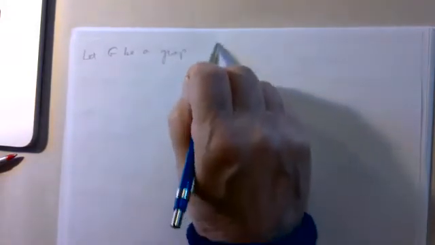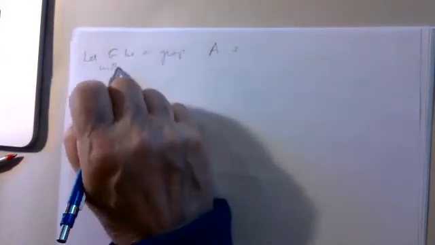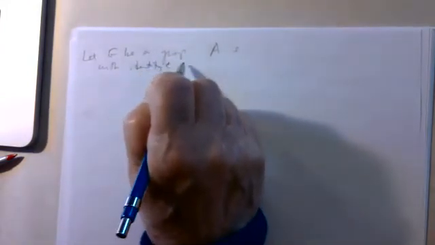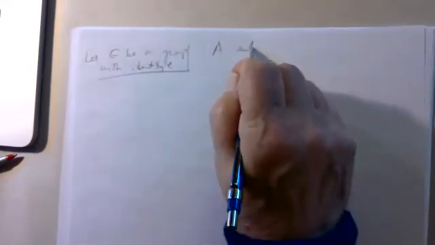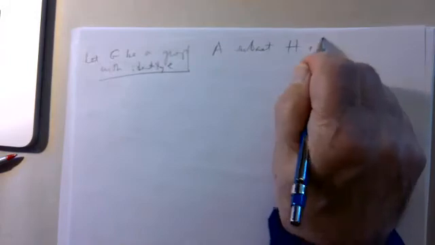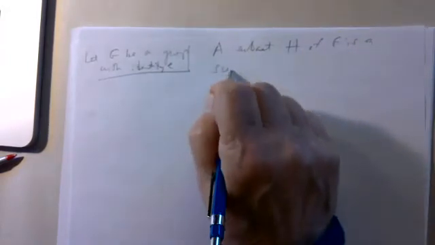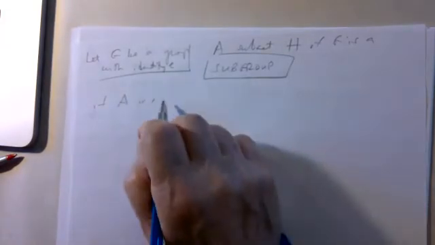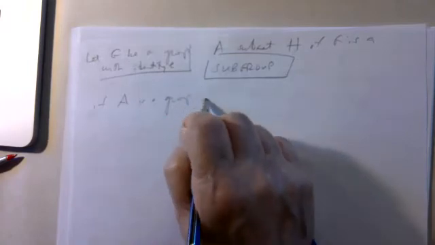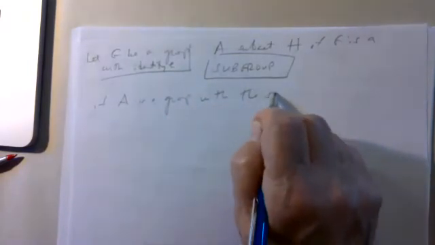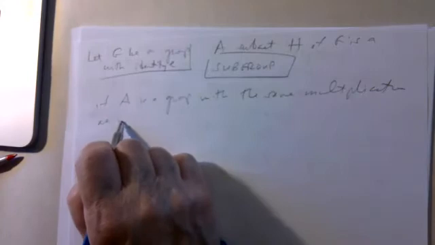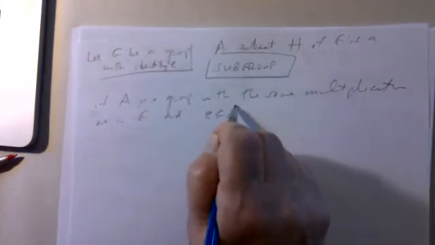So let G be a group with identity element E. A subset H of G is a subgroup if, first of all, H is a group with the same multiplication as in G, and the identity is in H.